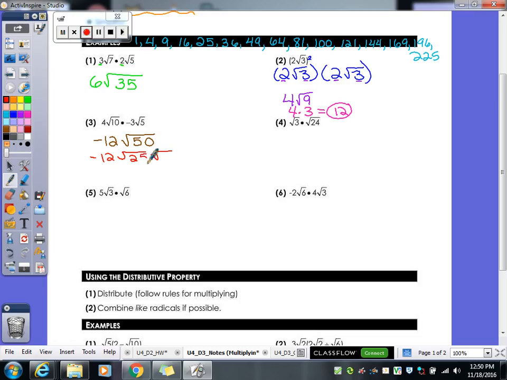So it's going to be 25 and 2. So what's our square root of 25? 5. 2 stays under the radical. And I need to multiply negative 12 times 5. So what's our final answer? Negative 60 radical 2.